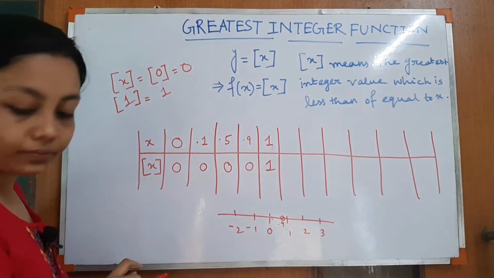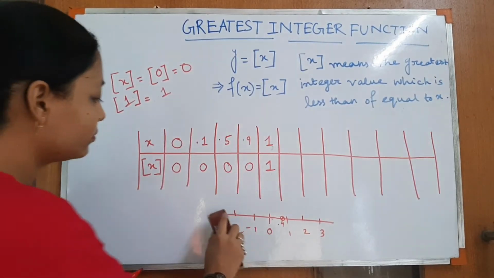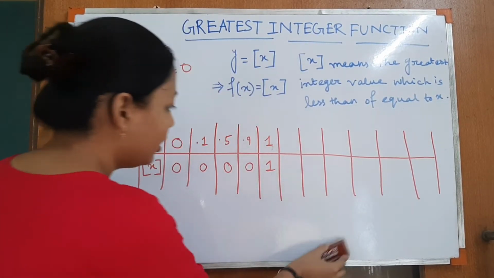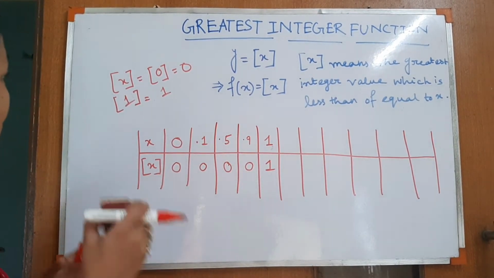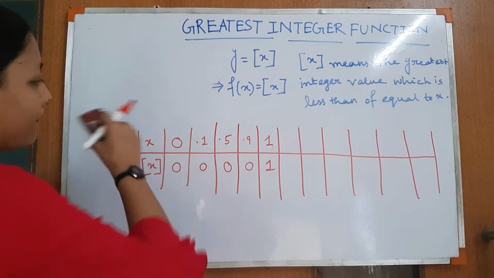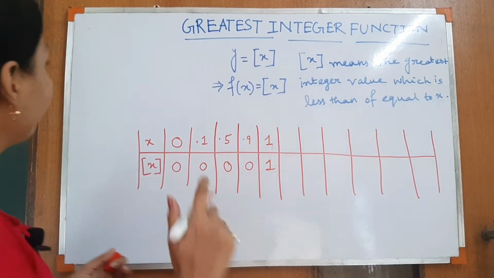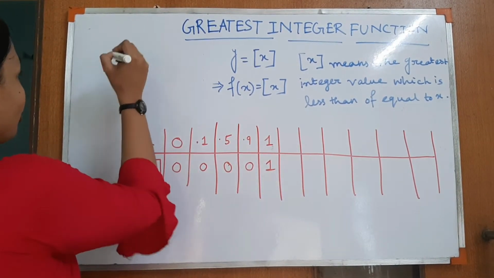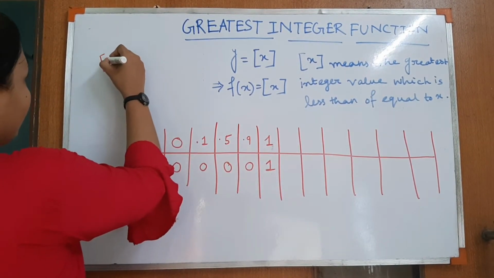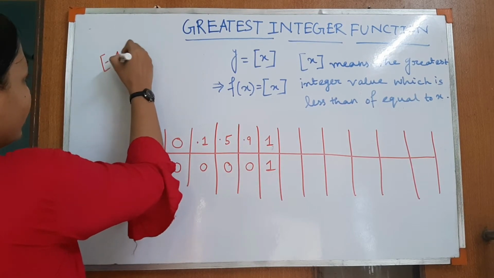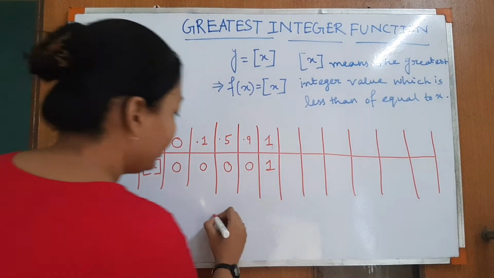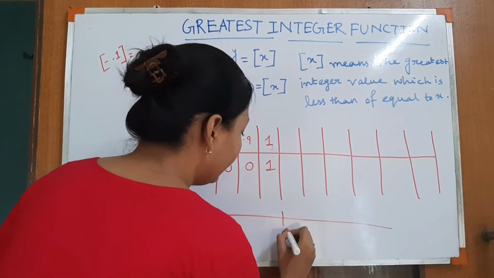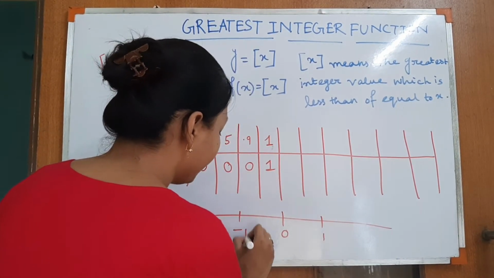Now if we take box of minus 0.1, here also we draw a number line, with 1 and minus 1.